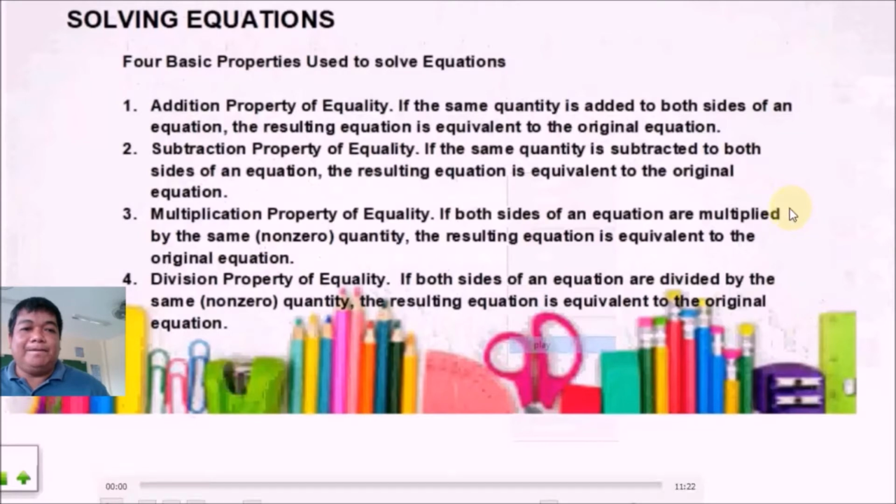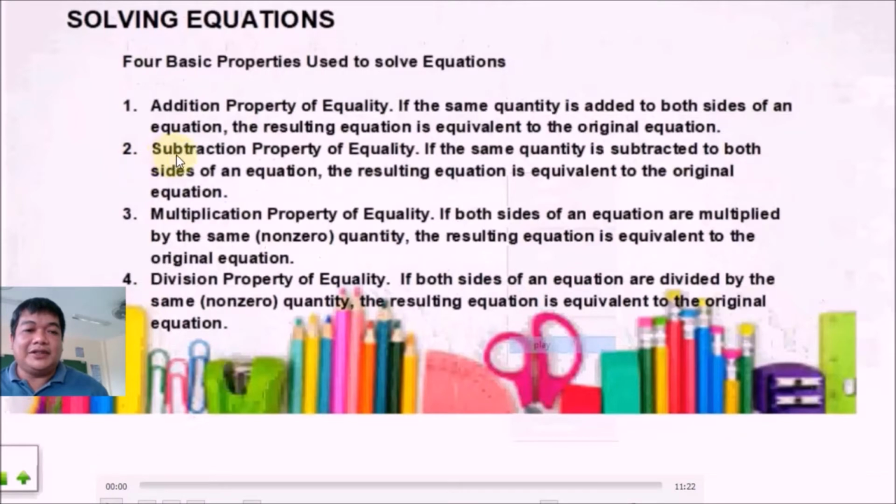There are four basic properties used to solve equations. First is the addition property of equality. If the same quantity is added to both sides of an equation, the resulting equation is equivalent to the original equation.